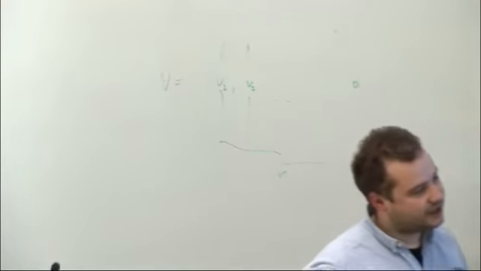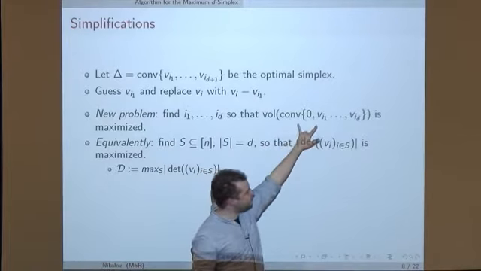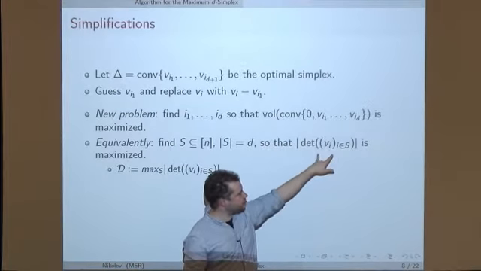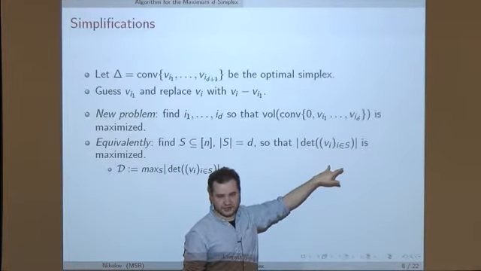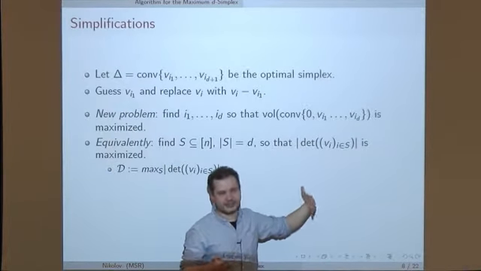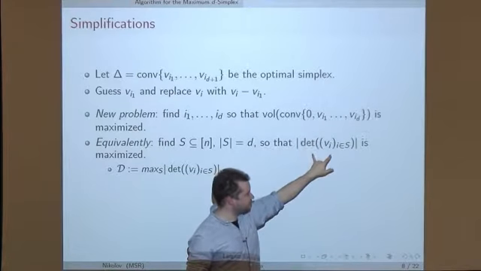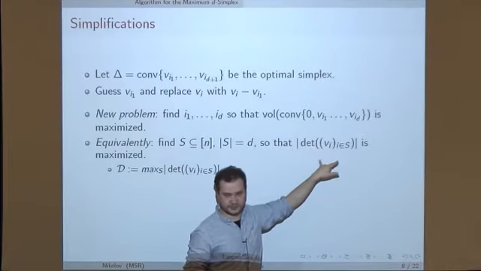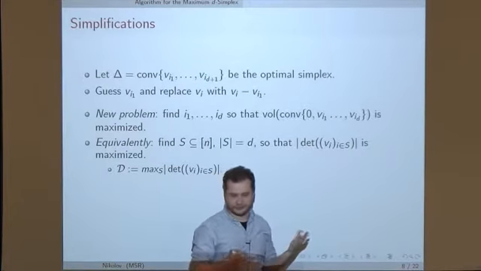Why? Because the volume of this is equal to the absolute value of the determinant of the corresponding submatrix times 1 over d factorial.